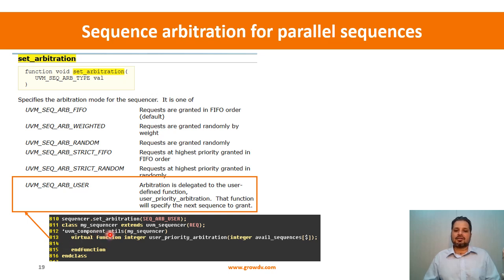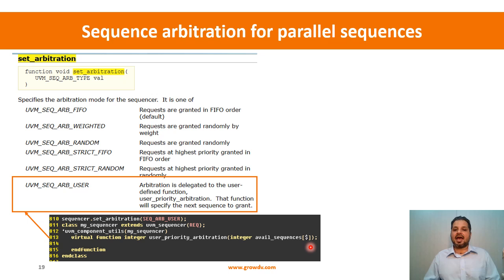Within your sequencer declaration, you have this virtual function, which is part of your UVM sequencer base class: a virtual function user priority arbitration, and it returns an integer. The integer is an index into a queue. Whenever arbitration needs to be conducted, the sequencer will call this function and pass the available sequences as an input argument.